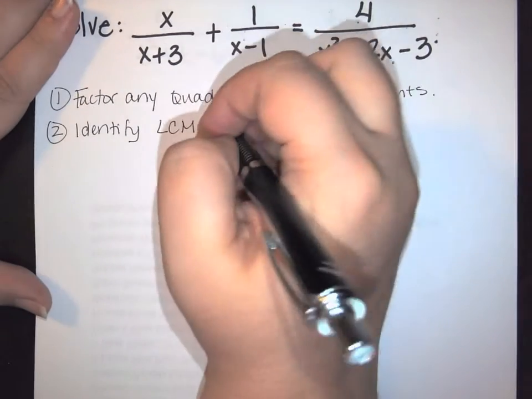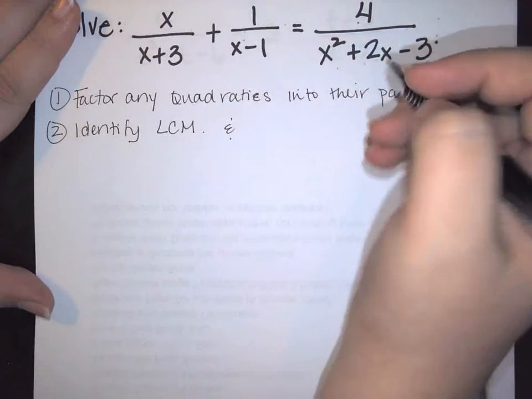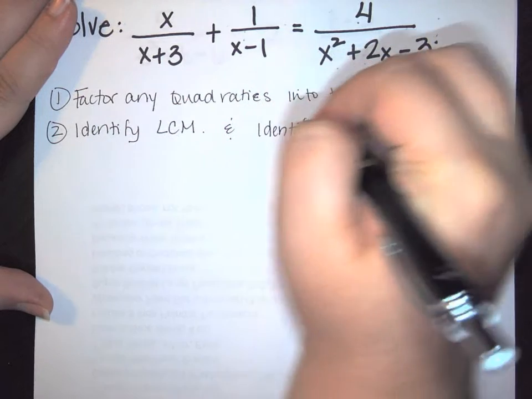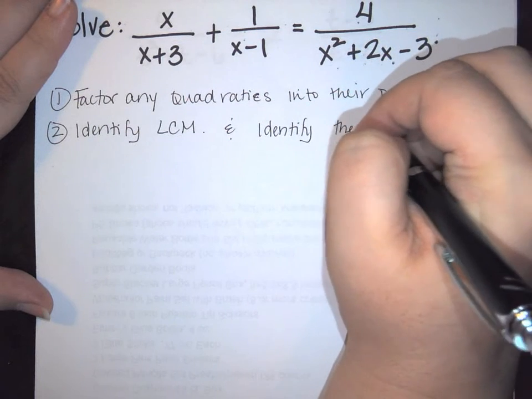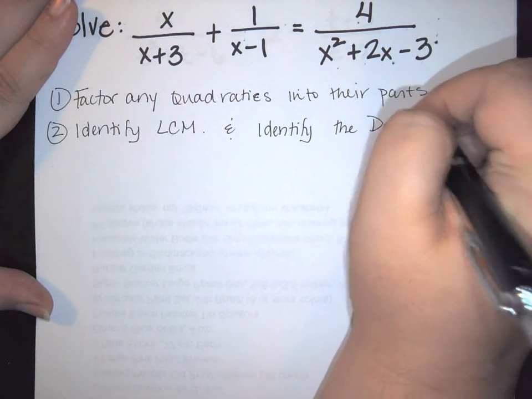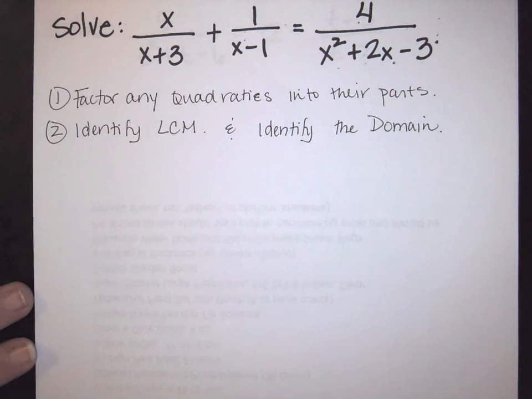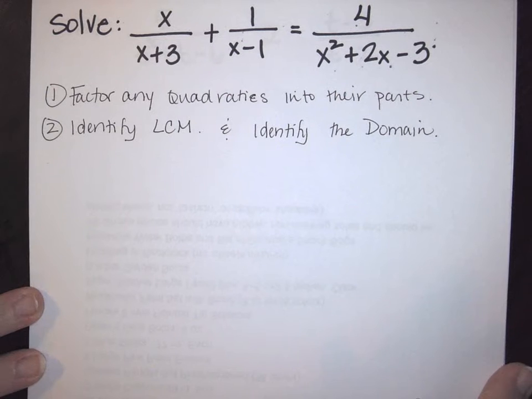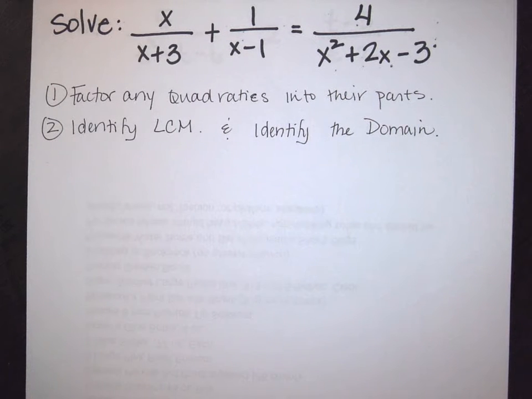While identifying your least common multiple, you also want to identify the domain. The reason is that once you find your solutions, you have to check and make sure that neither one of them violates the domain of your rationals.